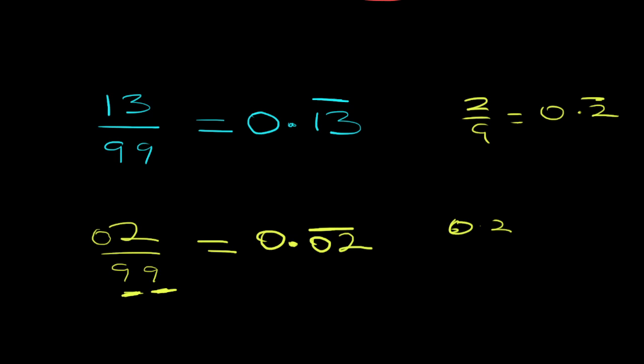I'm going to give you another example. So let's assume we have, let's say 35 over 99. I'm going to change this question in just a little bit, but let's first of all try to do this.